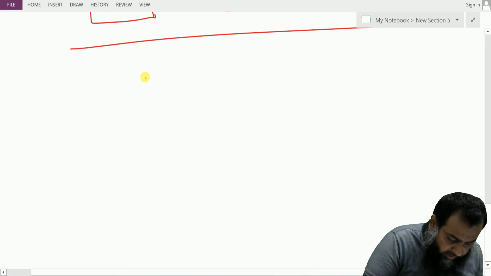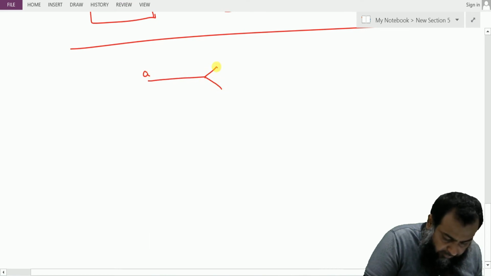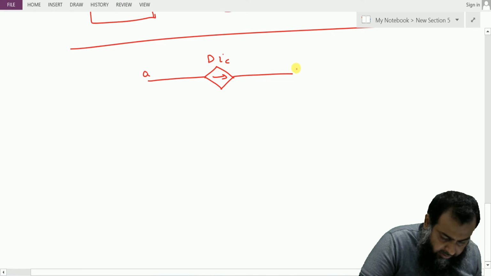So for instance, let us say this is port A, and in port A we have this D times IC. Let us say that we have some sensor here.